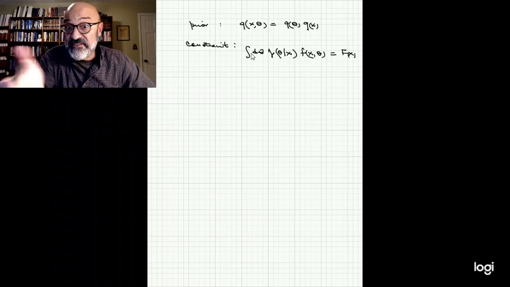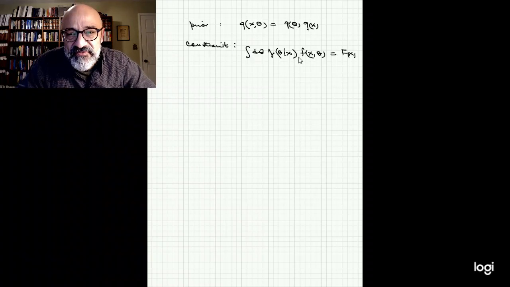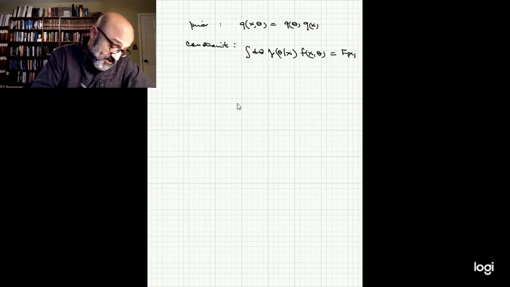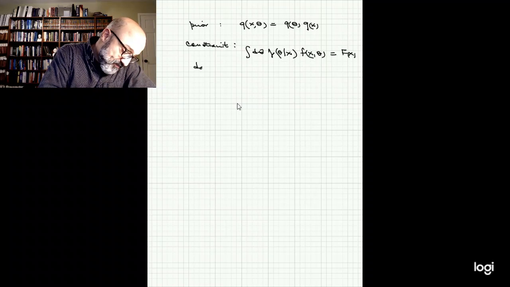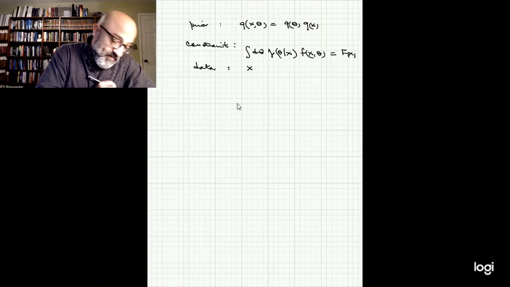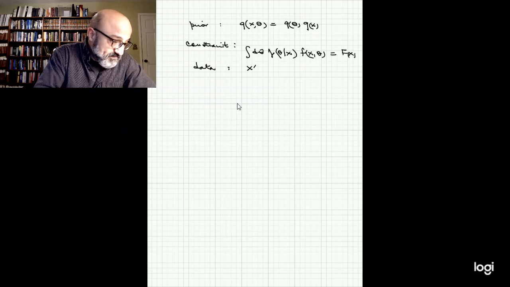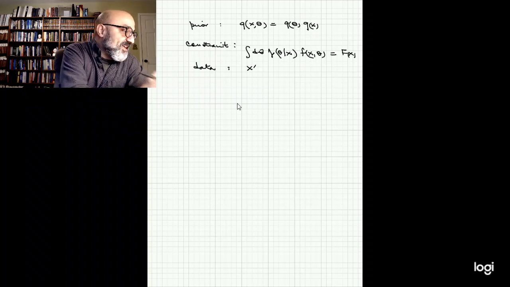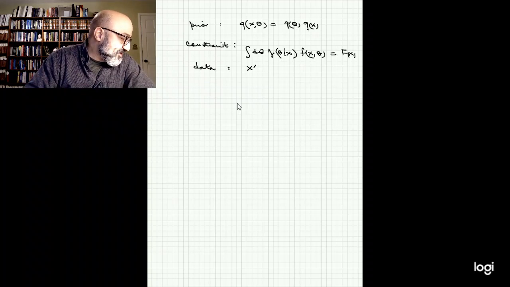So here you have functions of x and theta, and you're given information of this form. How would you know these things? You can simplify this by having just powers. That's why it's called the Zellner method of moments. And then, of course, you have data. So this is obviously another way in which these things can be generalized.